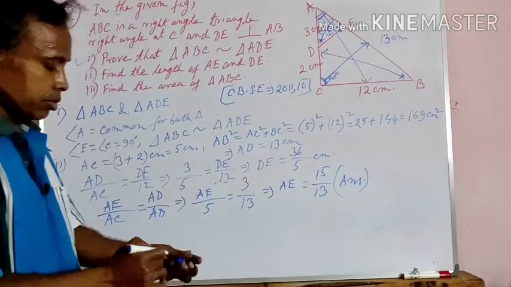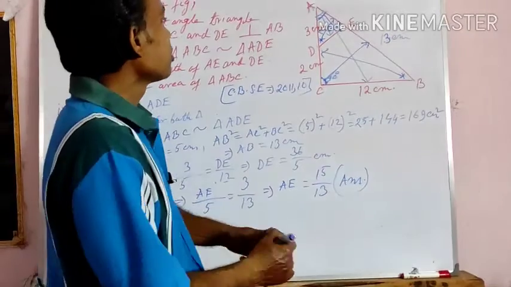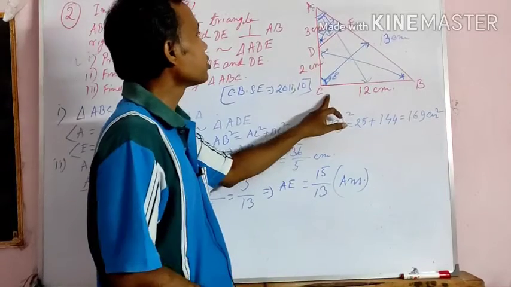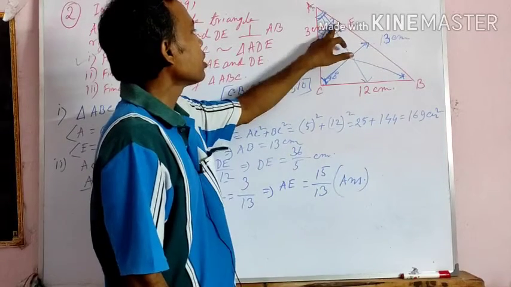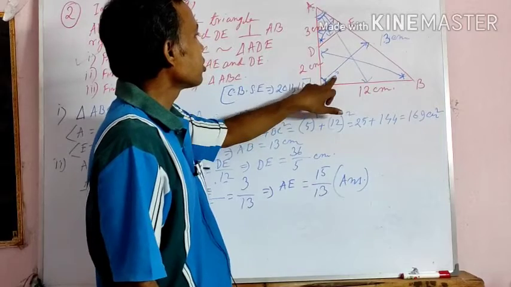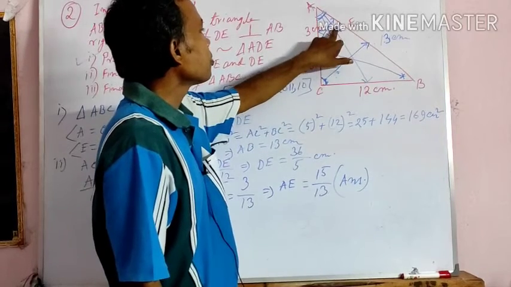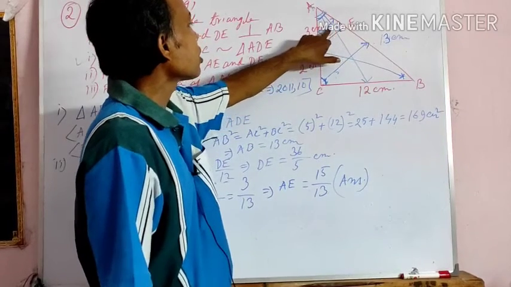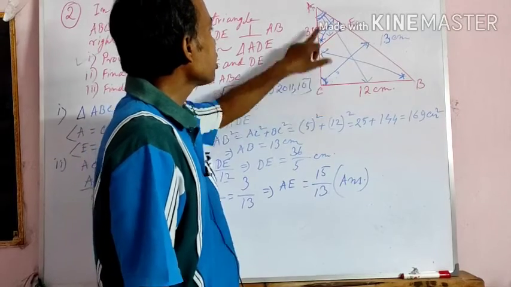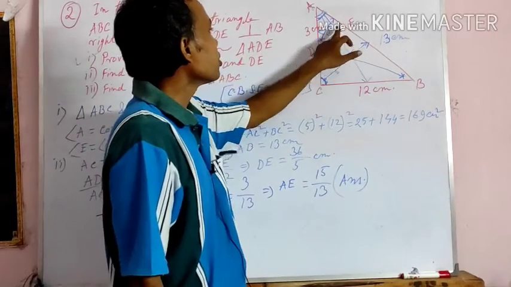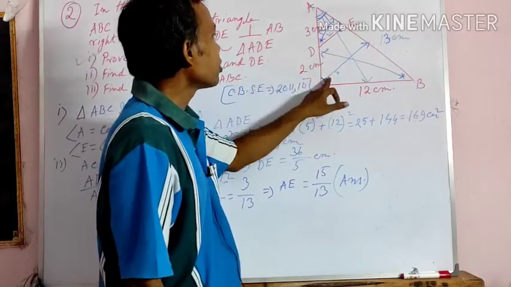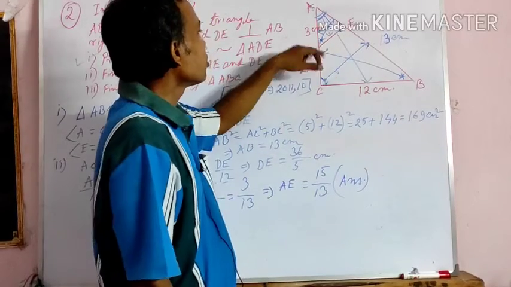So you have to first prove ADE and ABC are similar triangles. Then, angle E is equal to 90 degrees and angle C is equal to 90 degrees. In front of E, the side is AD. In front of C, the side is AB.